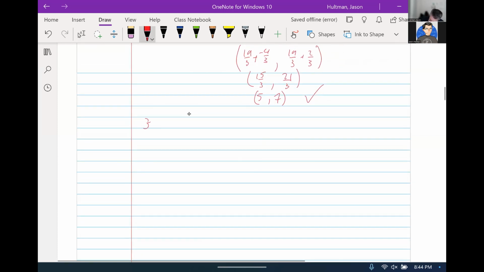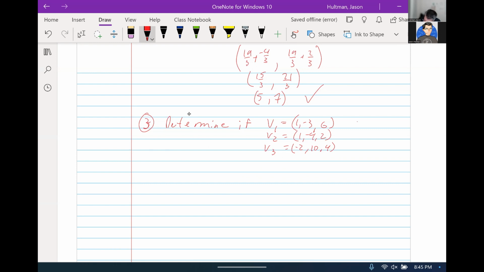Number 3. Determine if V1 equals (1, -3, 6), V2 equals (1, -4, 2), and V3 equals (-2, 10, 4) span R3.